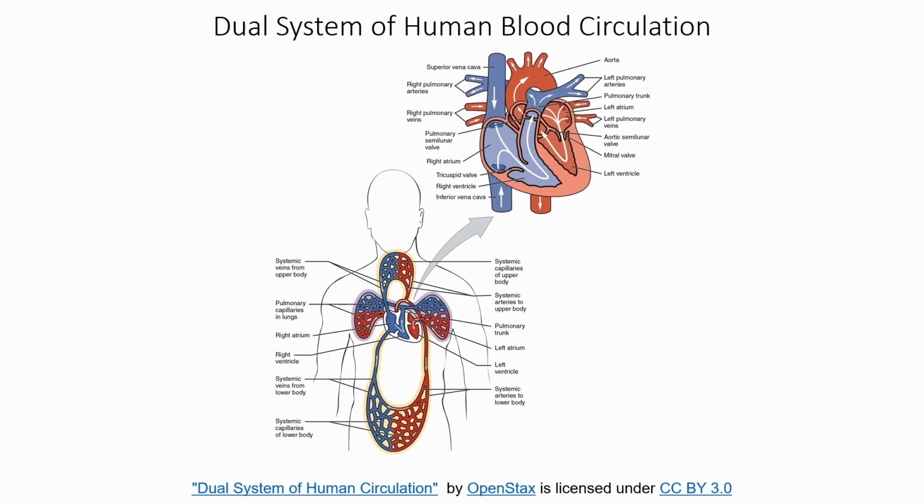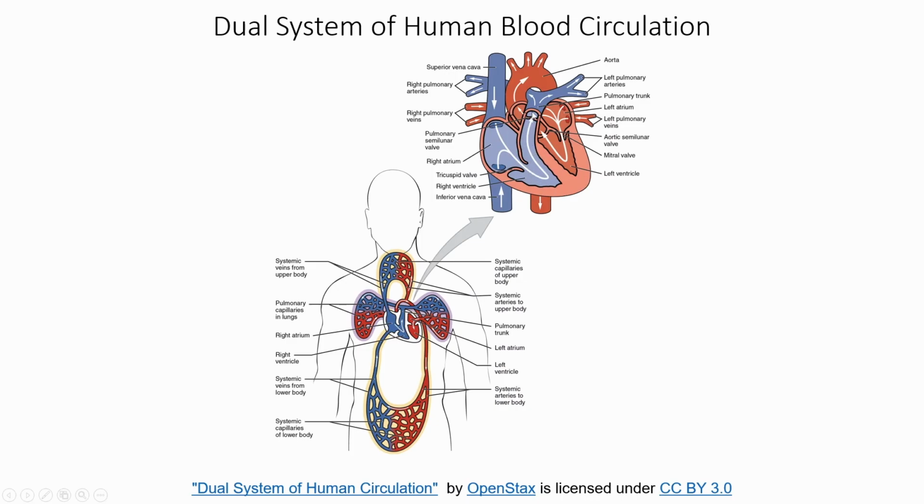blood flows through. Blood returning from the body is going to come through the inferior and superior vena cava, right? So these big blood vessels are going to dump blood into our first chamber, which is the right atrium. From there, we will push blood through the tricuspid valve into the right ventricle.